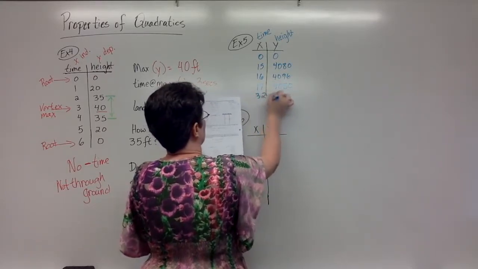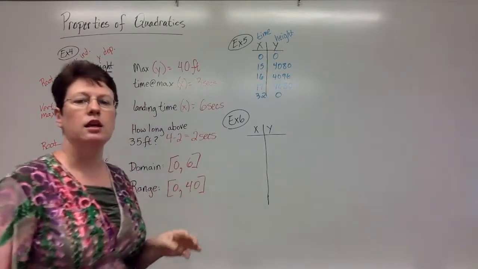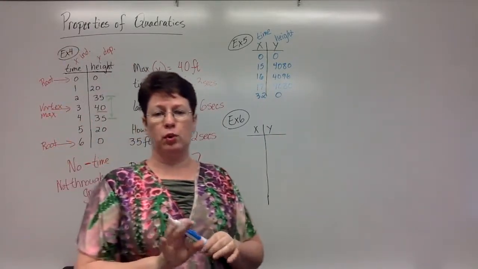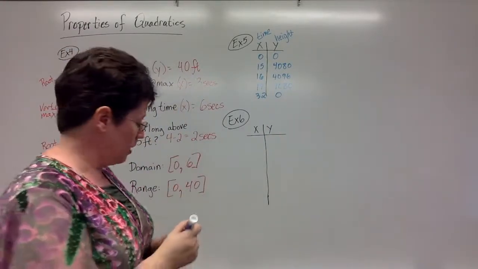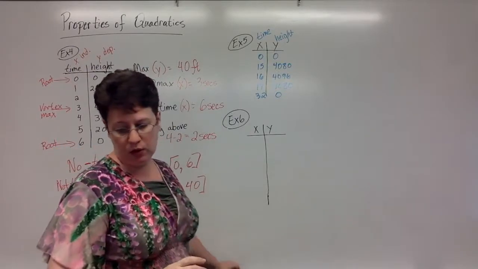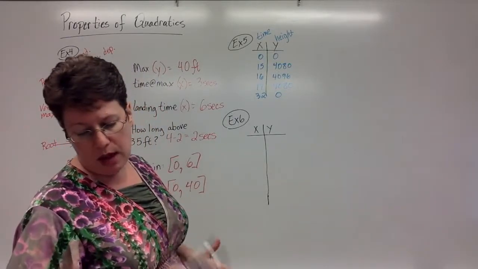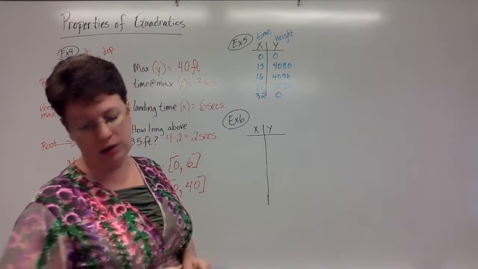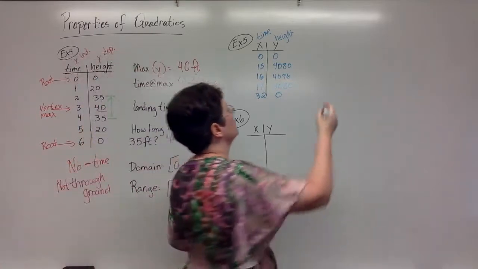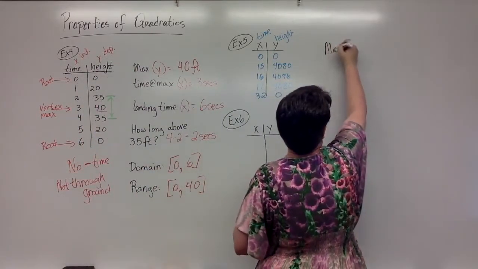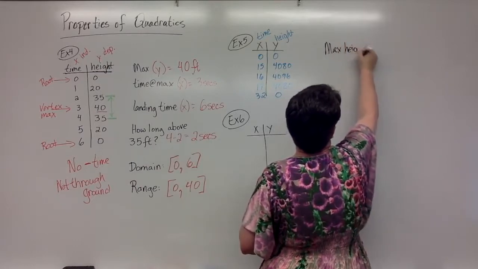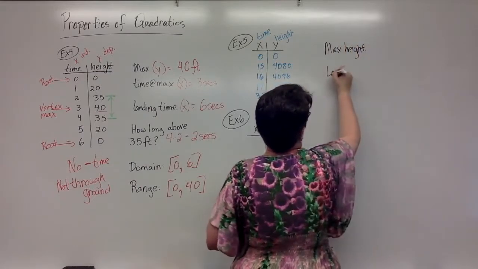And then at 32, it went to 0. Okay, so I'm just going to write those points down. Now, what does the problem ask me for? For this function, what is the maximum height and how long does it take for the rocket to land? So I want my max height and my landing.